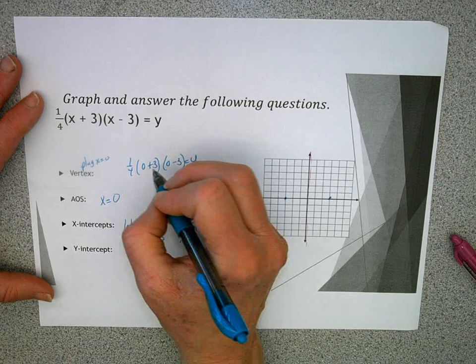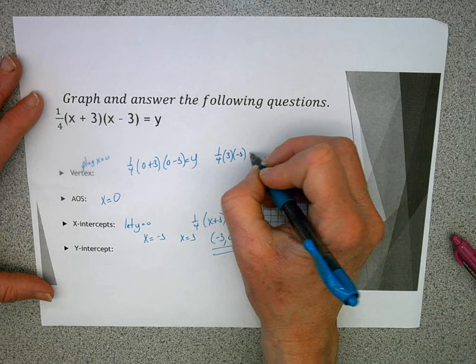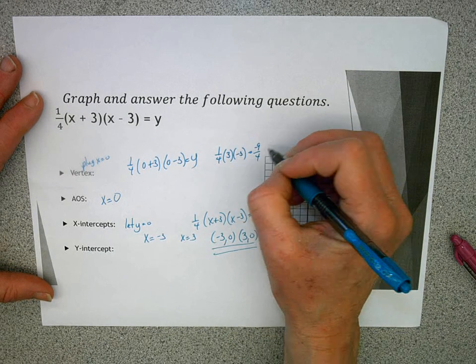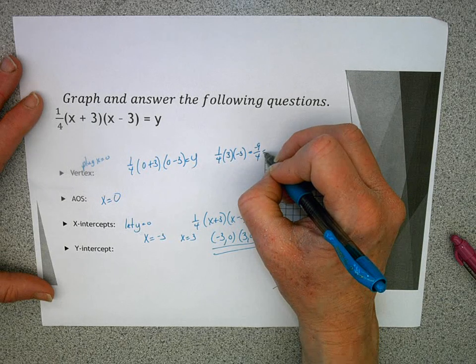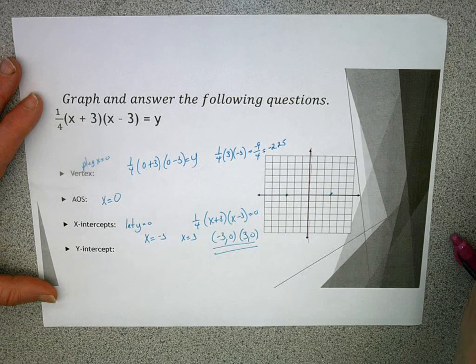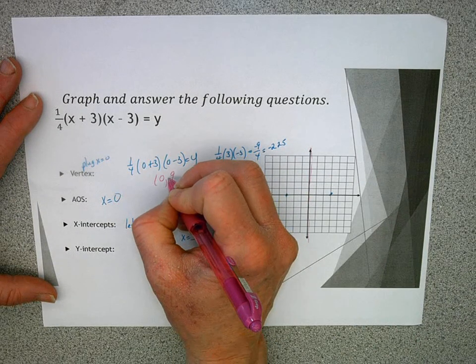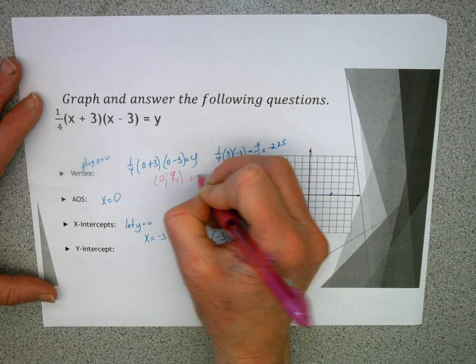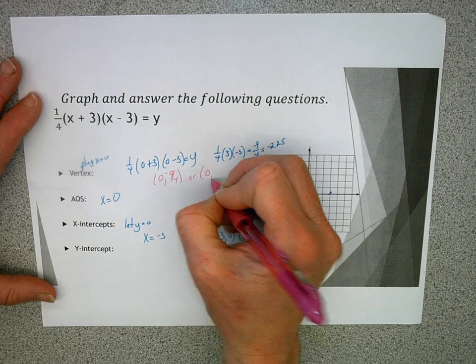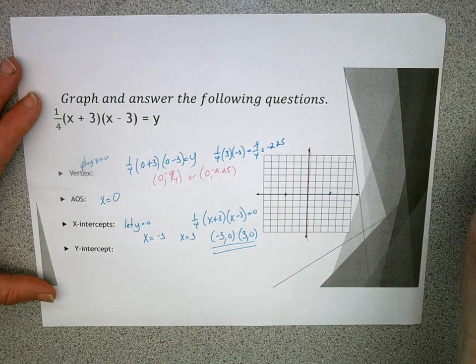So that's 1/4 of 3 times -3, or -9/4, which is -2.25 if you want to write it like that. So we could write the vertex as (0, -9/4), or (0, -2.25).